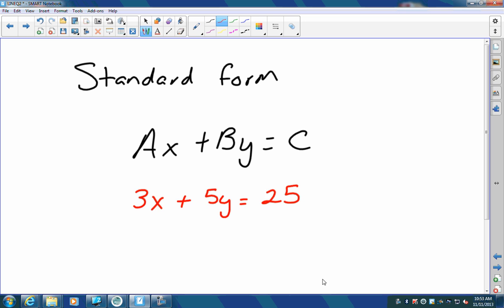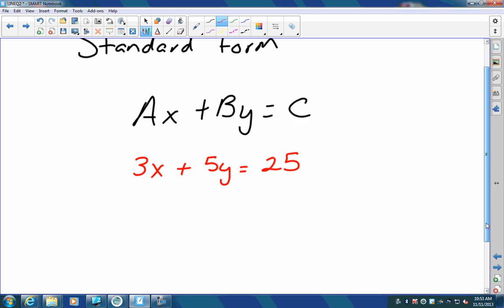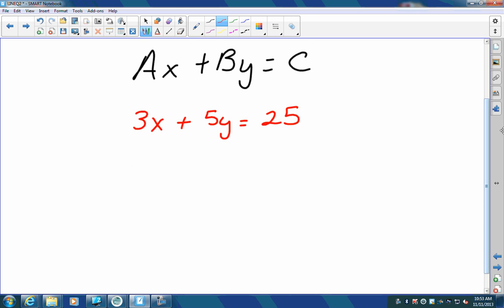Okay, so there's the equation. Let's rewrite this into slope-intercept form, like what we did in our last lesson. So what it means is we're trying to get y by itself. So I'm going to draw my line right here. I need to move that 3x over there to the other side. So I'm going to subtract 3x from each side.